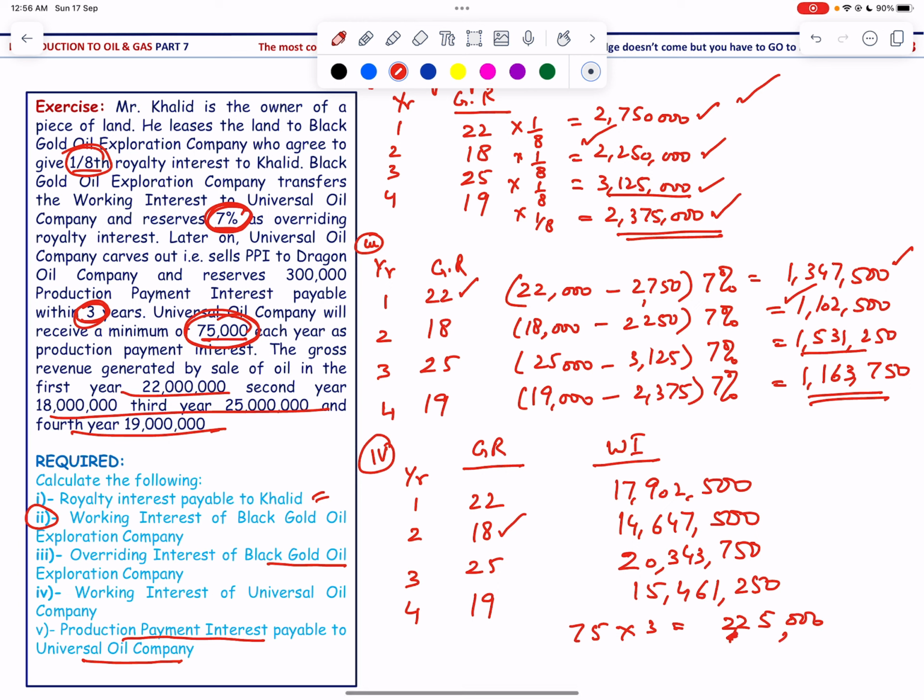But the Universal Oil Company carves out to Dragon Oil Company and reserves 300,000. So they have to be paid 300,000 within a period of 3 years. It will not be 75, I am sorry for that. They are going to be paid 300,000 within period of 3 years, and the minimum amount of payment each year will be 75,000.